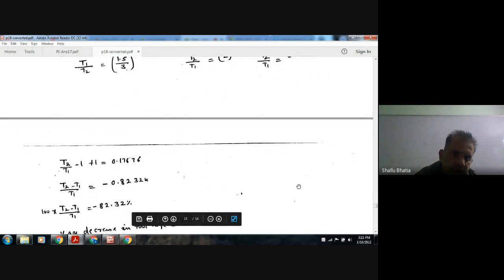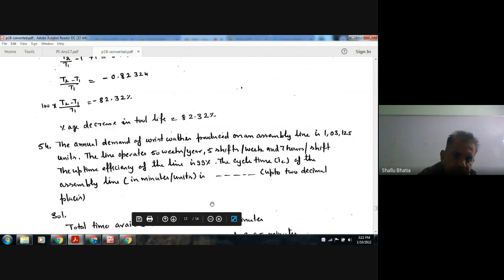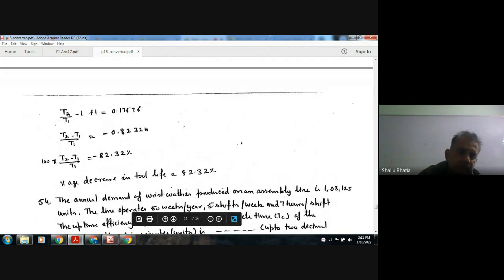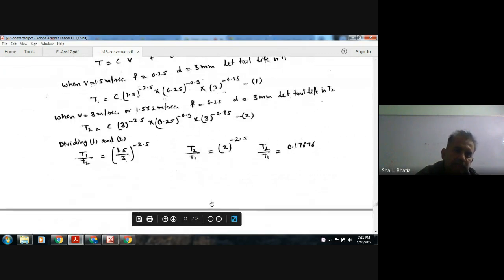To find the percentage change, subtract 1, so (T2 minus T1) by T1 will be minus 0.8234, multiplied by 100 becomes minus 82.32%. Because of the negative sign, it is a percentage decrease in life. The answer is 82.32% decrease in tool life with the increase in speed.